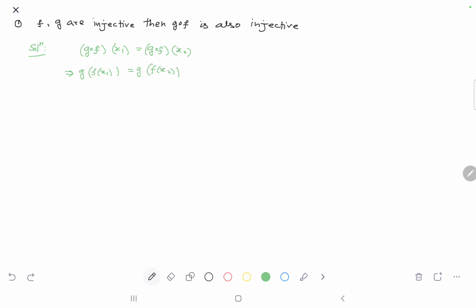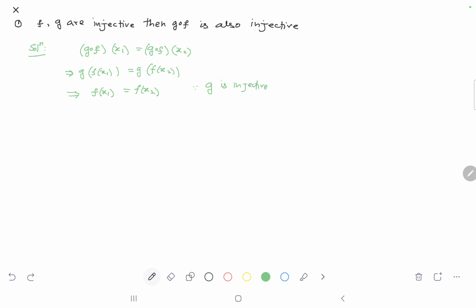So what do we get now? Now g is injective, so we get f of x1 equal to f of x2, since g is injective.